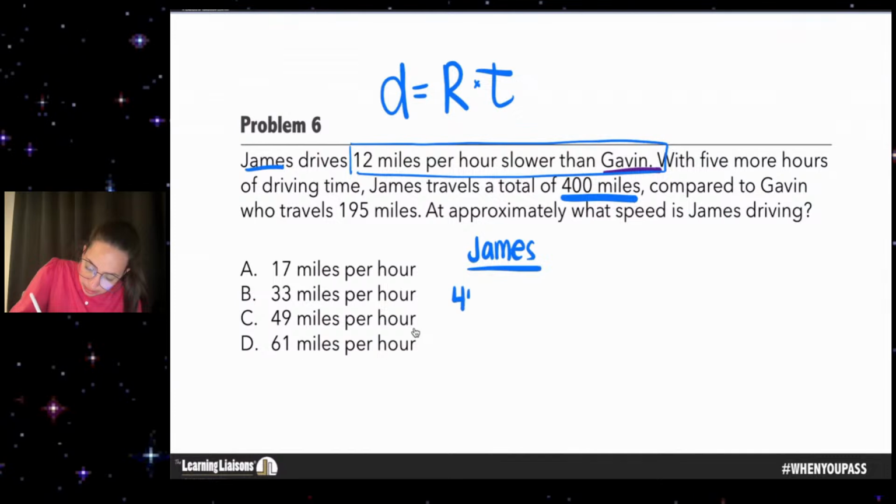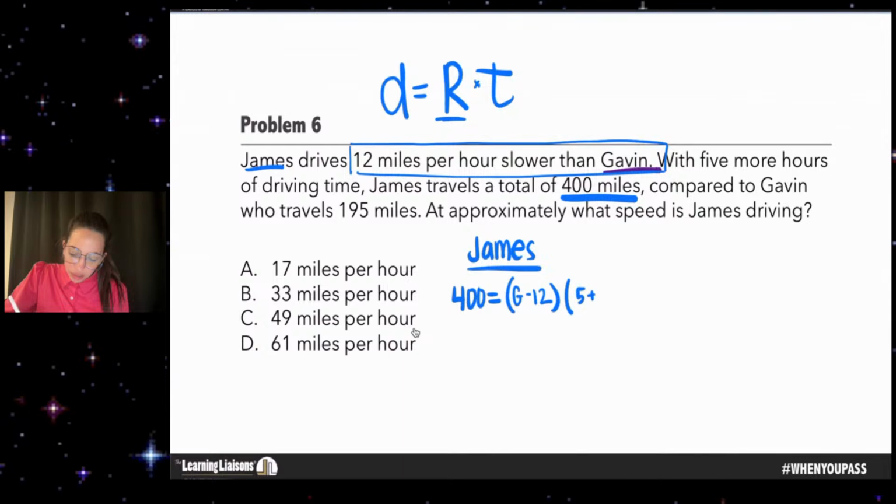So distance equals rate. His rate is 12 miles per hour slower than Gavin, so Gavin minus 12. And his time is 5 more hours than Gavin, so 5 plus G.